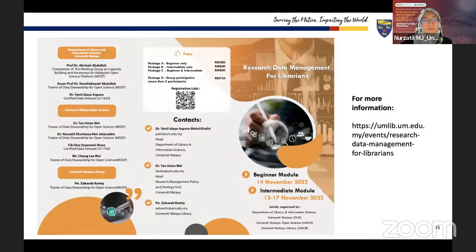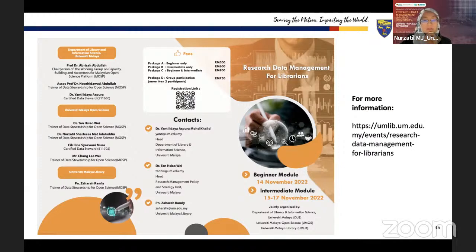Okay, just before I end, UM Library together with the Department of Library and Information Sciences plan to organize this in November, from 15 to 17 November. This is Research Data Management for Librarians.